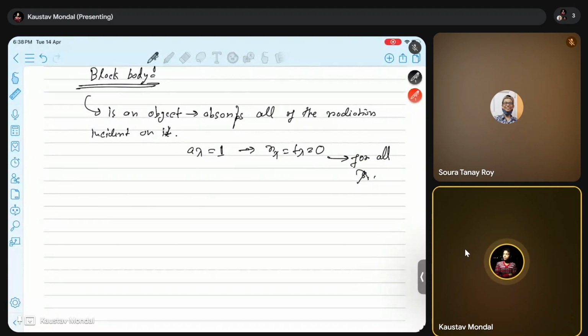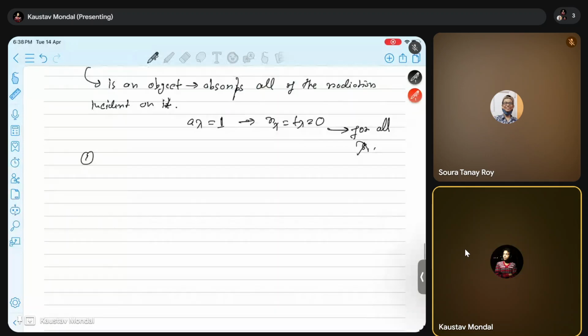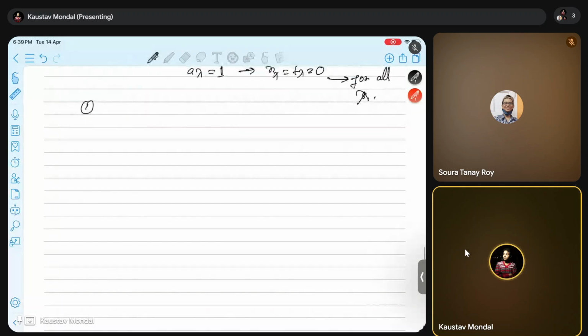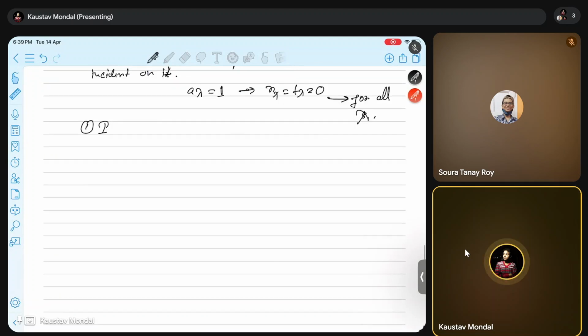Because of that, there are two significant properties of black bodies. One is that it's an ideal emitter. Whatever has an ideal absorption property will also be an ideal emitter.